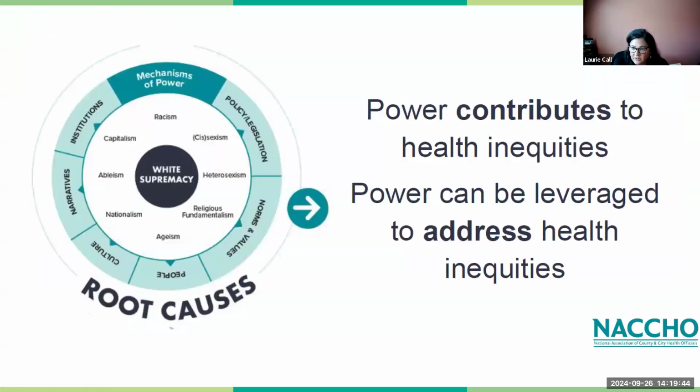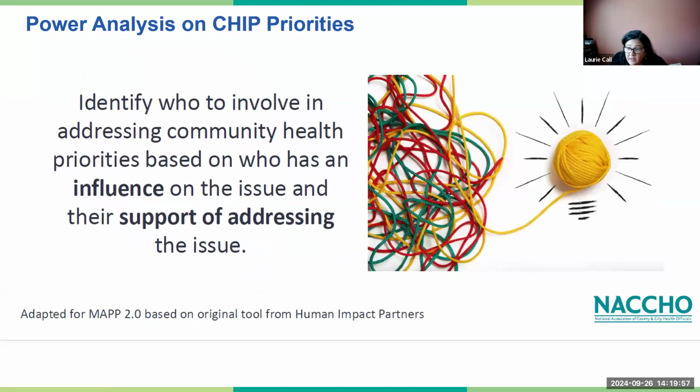Power contributes to health inequities, and it can also be used to leverage how we address those health inequities. That's why we think about power in this phase. A power analysis, when we're looking at it for the CHIP priorities, can help us identify who needs to be involved in addressing the priority, who has an influence on the issue, and what their support of addressing the issue is.